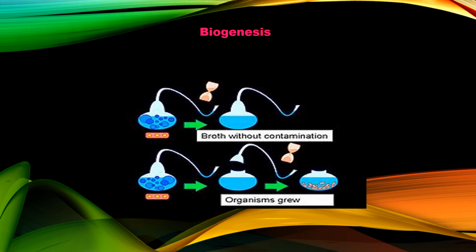The second flask, the same, sterilized with killed yeast, but kept open. In the first flask, no organism was created. But in the second one, some organisms arose from the killed yeast. So he proved that life originates from pre-existing life.